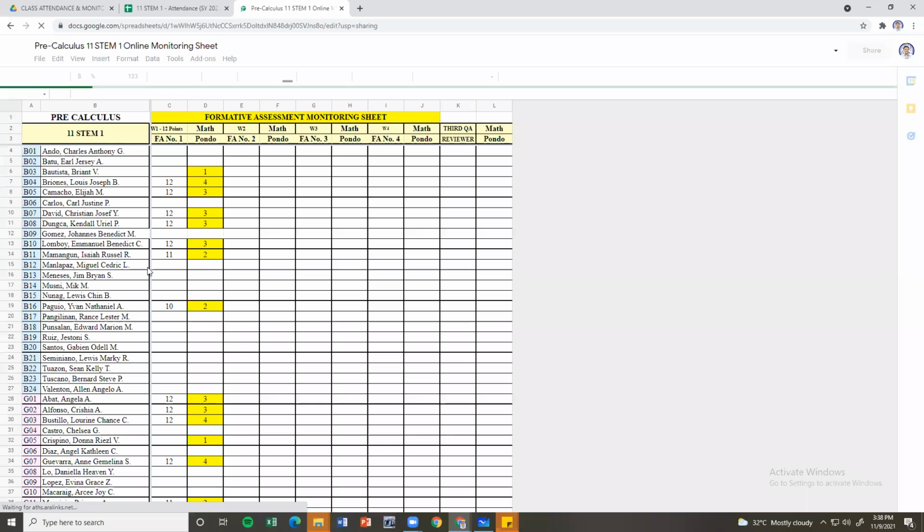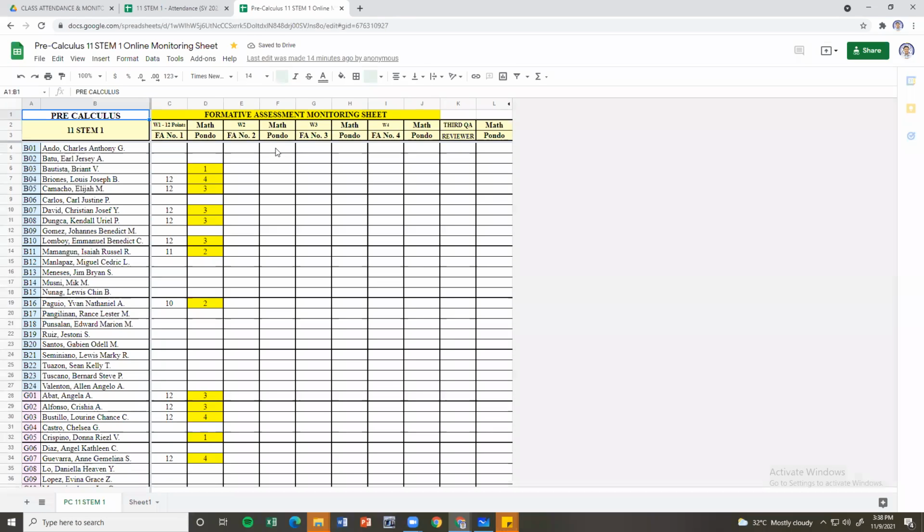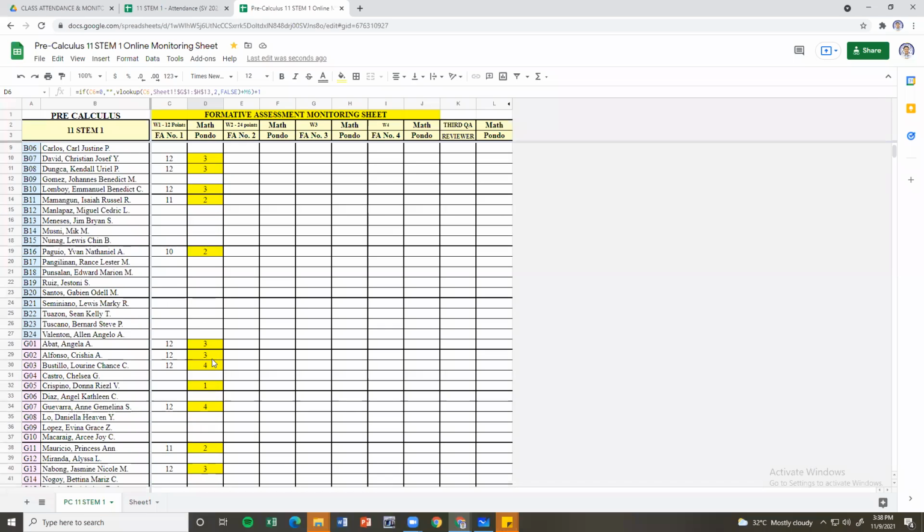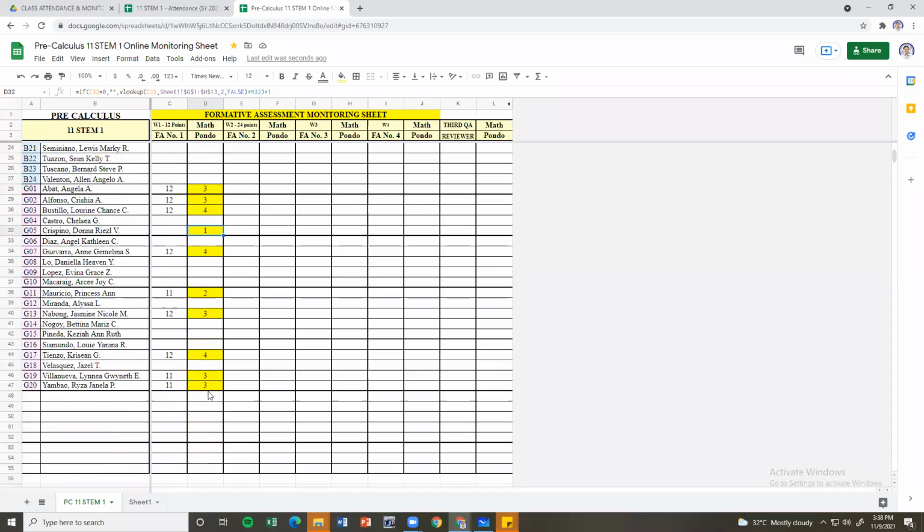I will set up the points here later, 24 points. So, our worksheet number 2 is 24 points. I'll set up the formula later. As you have seen here, bigla na lang siya may +1. These were the ones who answered my essay questions last time correctly.